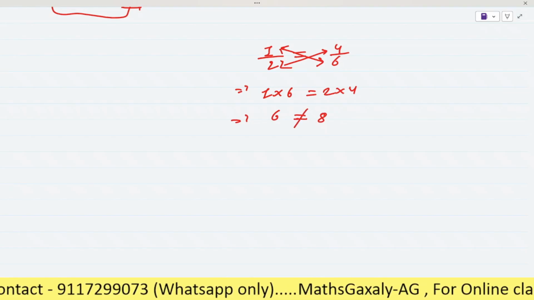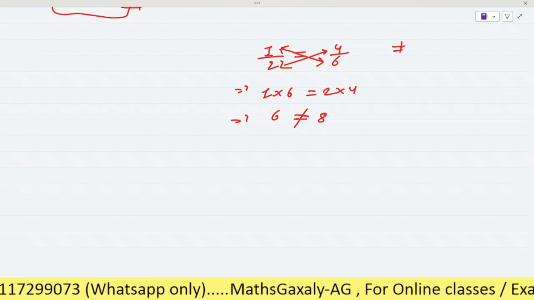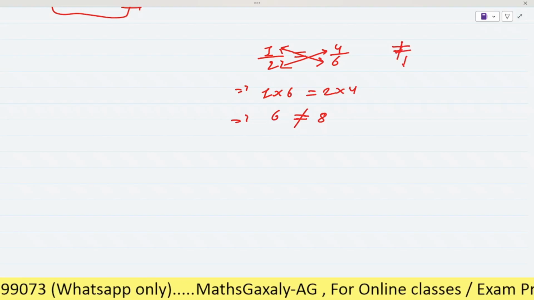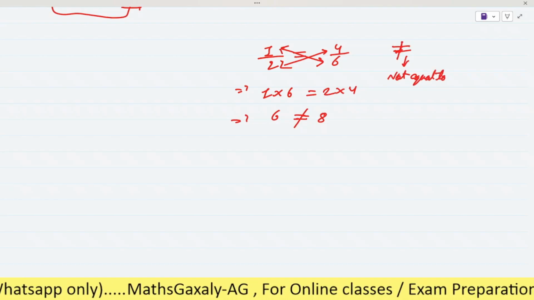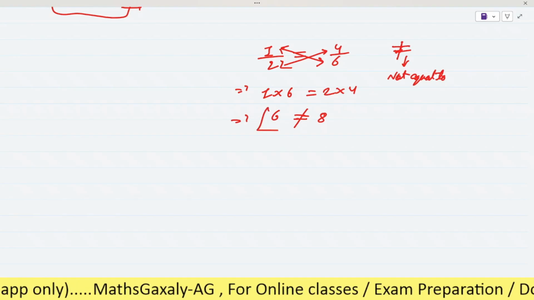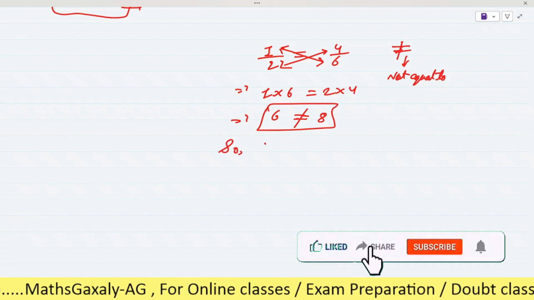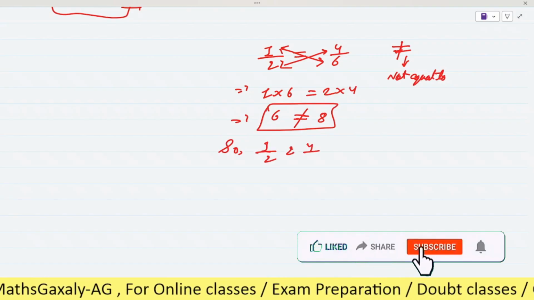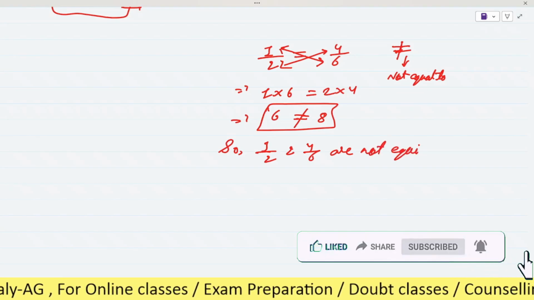No. So here we will cut the equal sign. This sign is known as not equal to. It means 6 is not equal to 8, so 1 by 2 and 4 by 6 are not equivalent fractions.